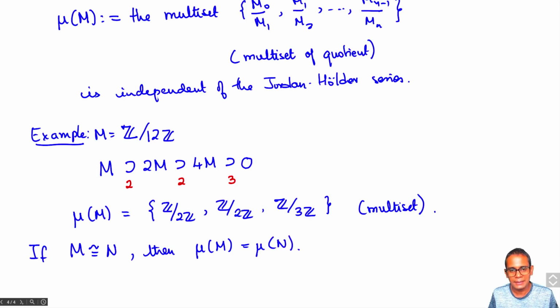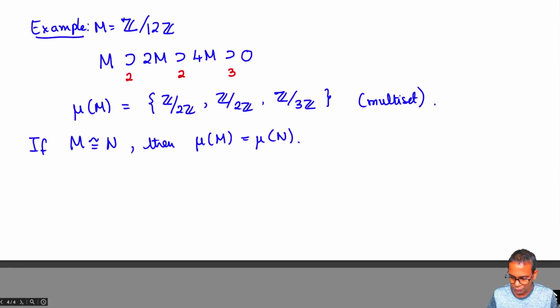The size of this multiset is called the length of the module.